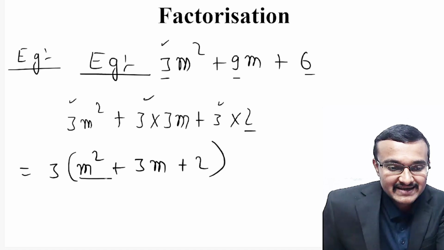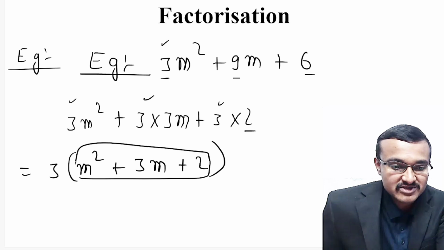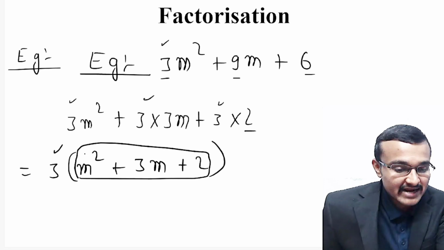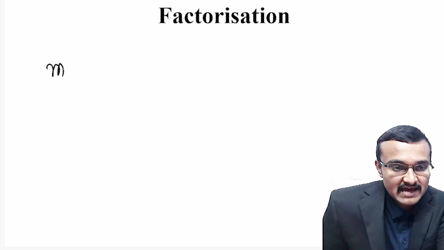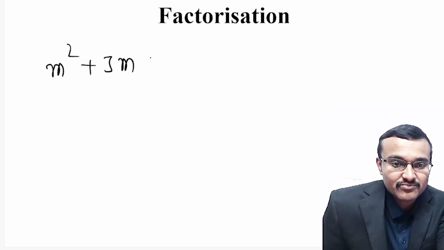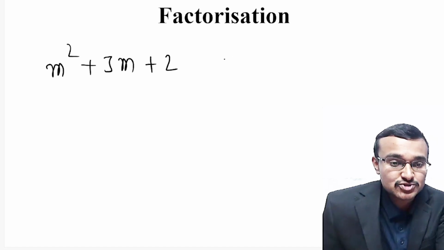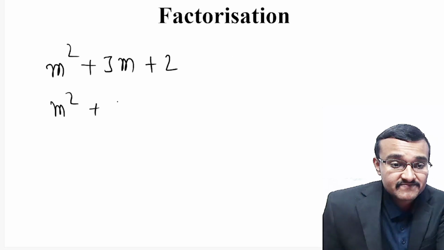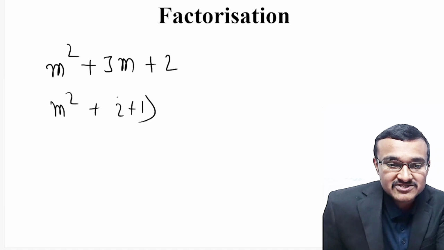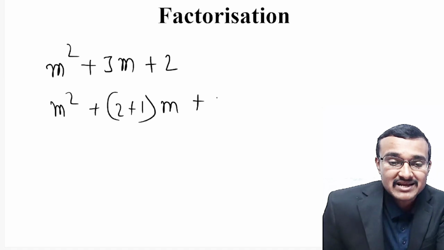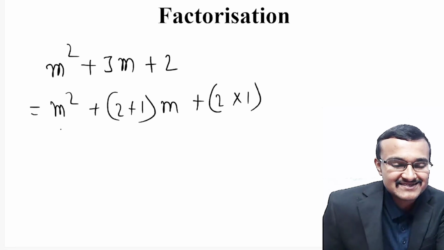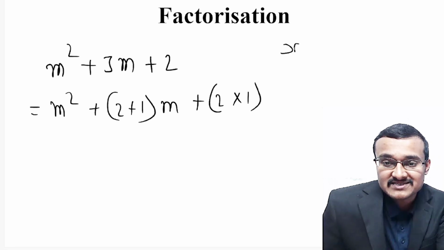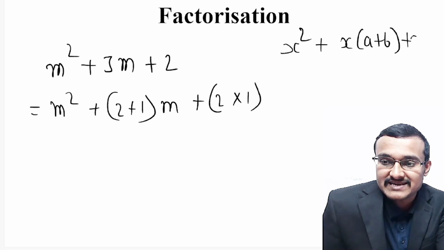Now let this 3 be outside the bracket. We will take whatever is inside the bracket. Inside the bracket we have m square + 3m + 2. This you can reduce to m square + (2 + 1) into m + 2 into 1, where 3 is written as 2 + 1 and 2 is written as 2 into 1. Here you can clearly see this equation resembles x square + x into (a + b) + ab.